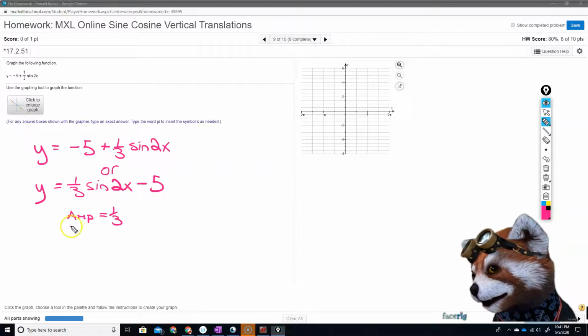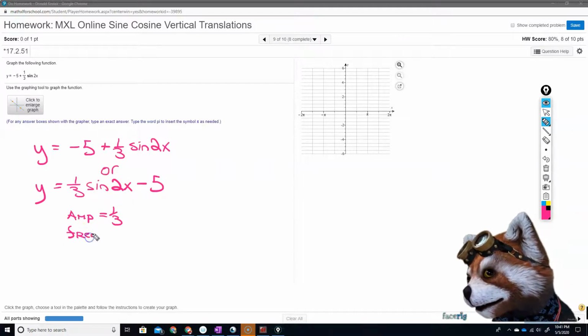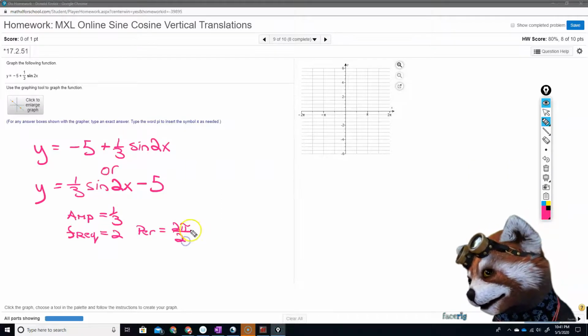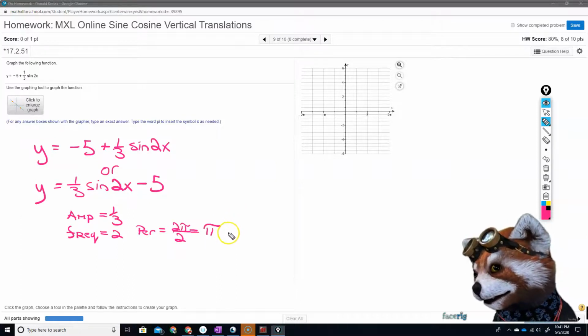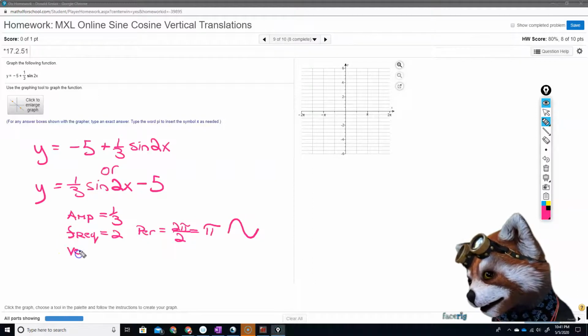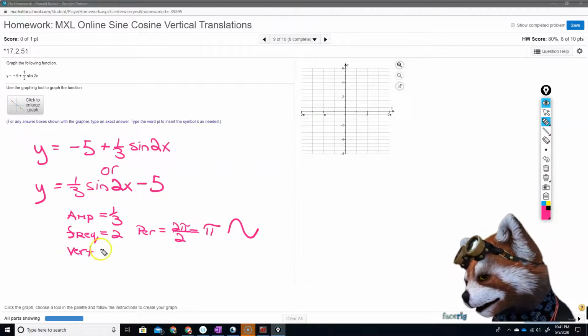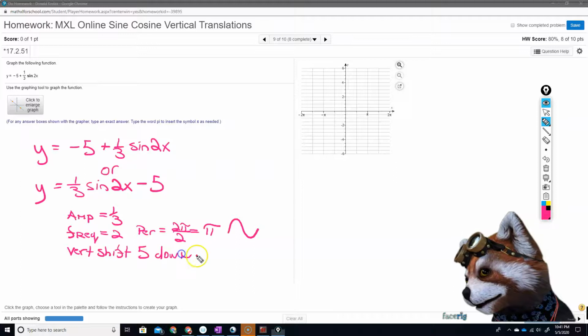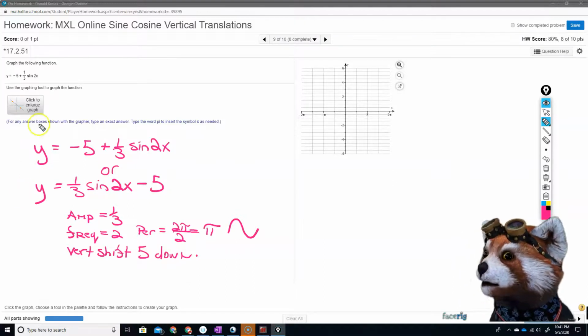We've got a frequency of 2. So our period is going to be 2 pi divided by the frequency, which is just pi. Okay, this is a sine graph. And then we've got a vertical shift that is 5 down. Okay, no flipping going on.